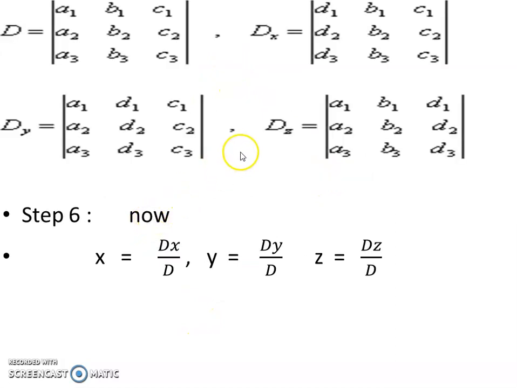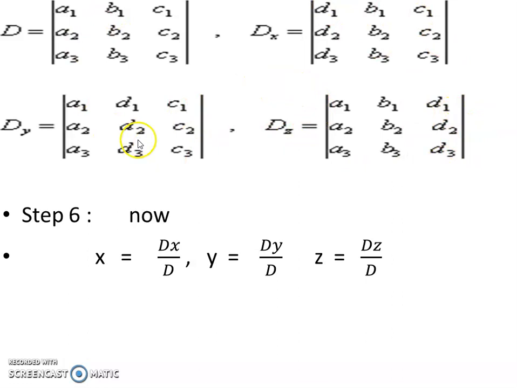After deriving all the values, our d is in the pattern of a1 a2 a3 b1 b2 b3 c1 c2 c3. dx is in the pattern of d1 d2 d3 b1 b2 b3 c1 c2 c3. dy is a1 a2 a3 d1 d2 d3 c1 c2 c3, and dz is a1 a2 a3 b1 b2 b3 d1 d2 d3.